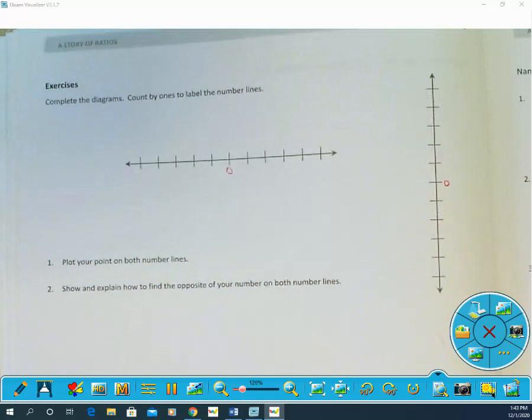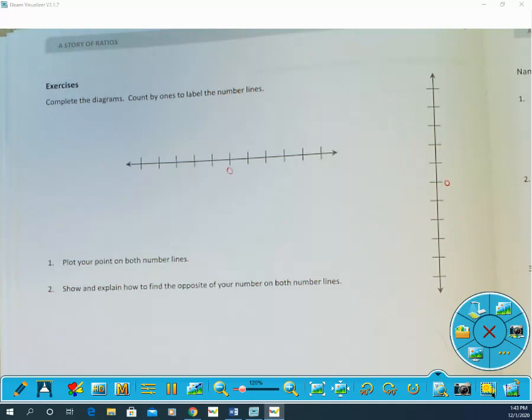So our learning target for today's lesson is to be able to say that I can extend my understanding of a number line, which includes 0, and numbers to the right or above that are greater than 0, and numbers to the left or below 0 that are less than 0.